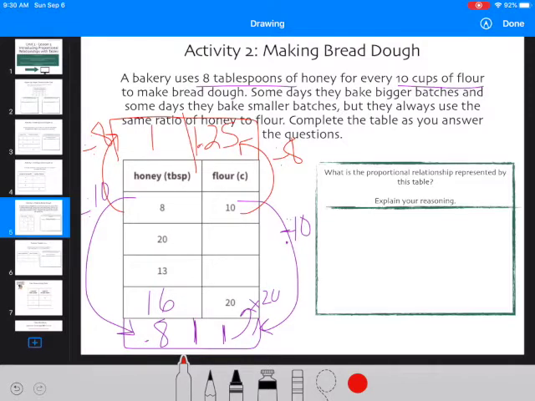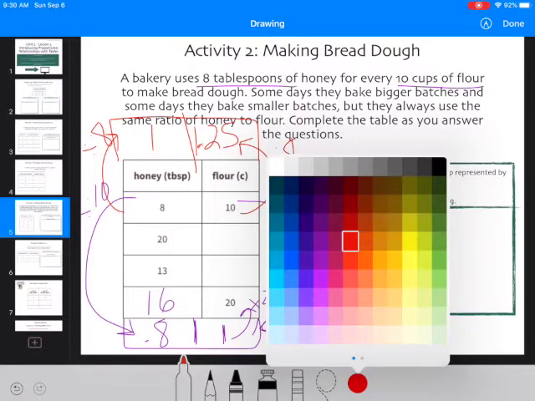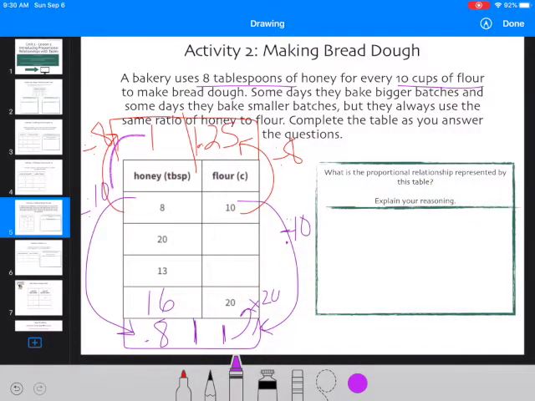Well, once I figure out what it is for 1, I can figure out any amount. So I'm going to switch colors. So 1 times 20. So I'm going to do the same thing here. 1.25 times 20. And I get 25.